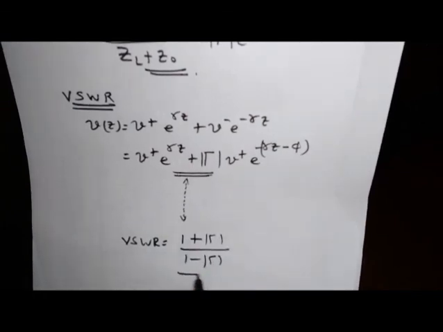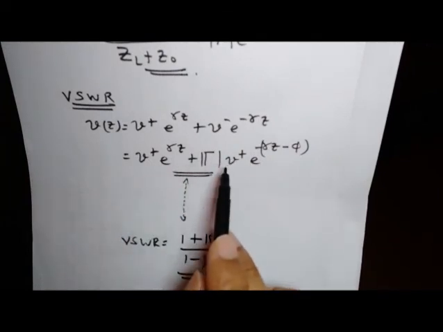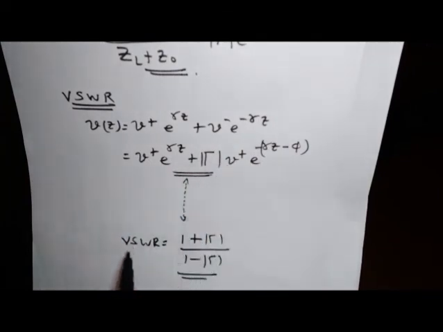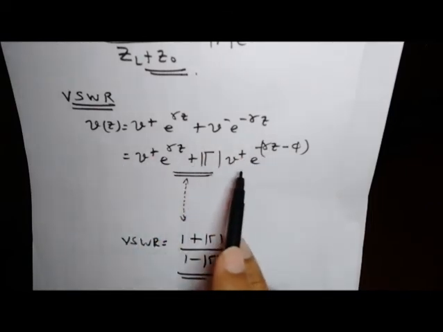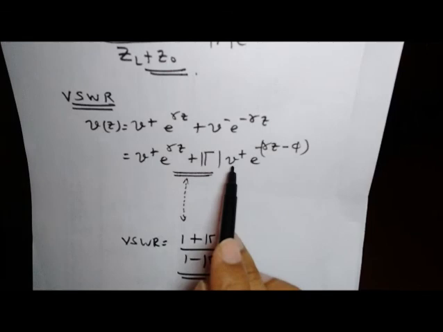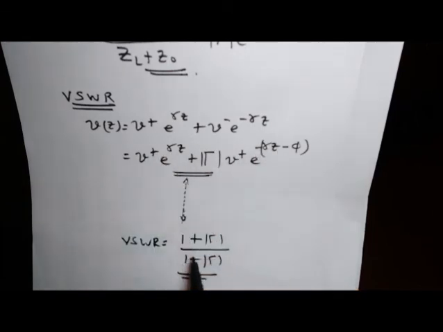So this is work for you. Before we derived the standing wave ratio there, we came across an expression exactly like this, except for this V plus and certain other terms. You go through the same steps and you will arrive at this result, which is left to you as an exercise. So that is the voltage standing wave ratio.